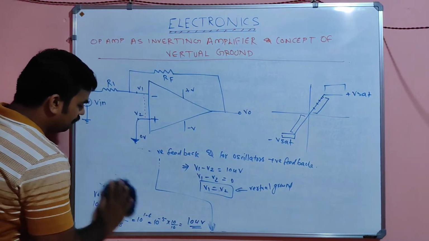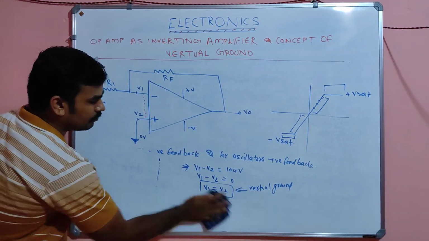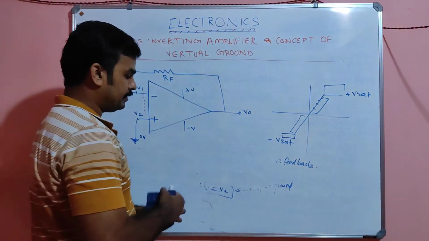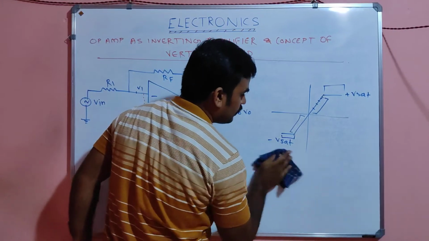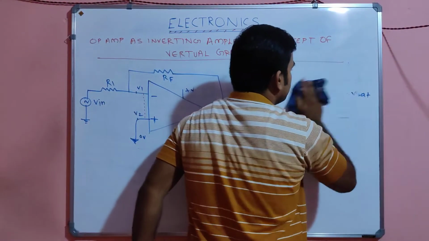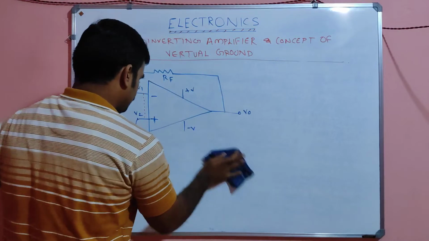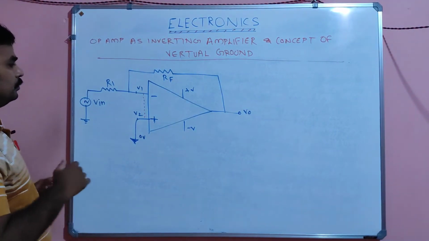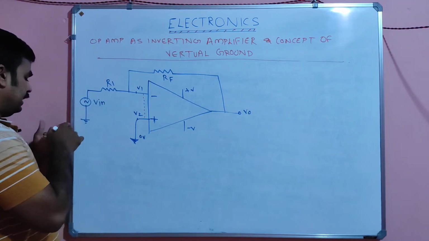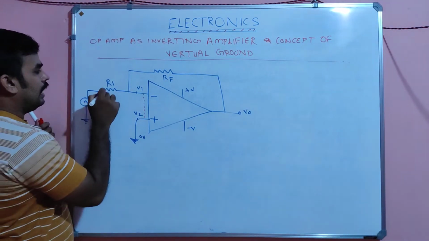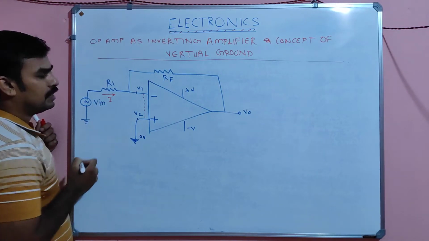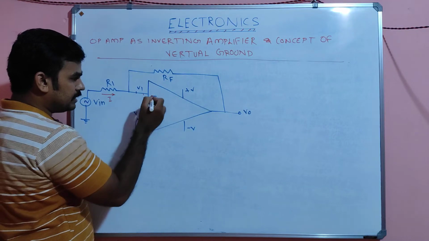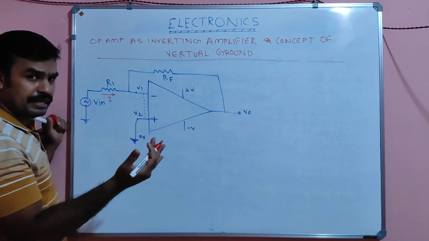Now we will come back to our inverting amplifier using an op-amp. Suppose I is the current flowing here, and the same current flows here, because in between there is infinite impedance.